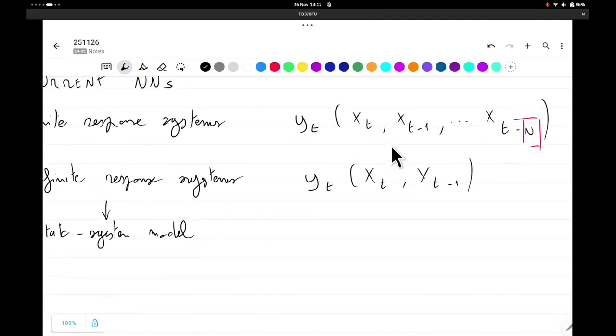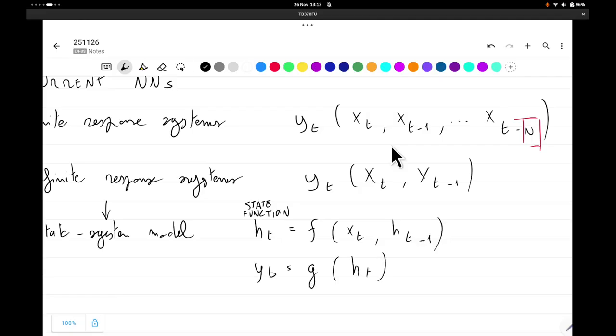So the update is basically split into two parts. We define a state function, which is a function of the input at that step and the state at the previous step, and then we have a function that goes to the actual output.